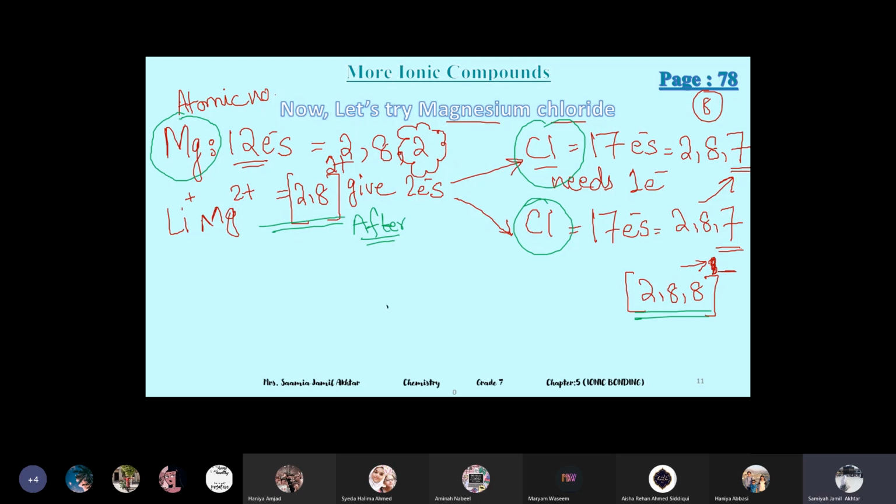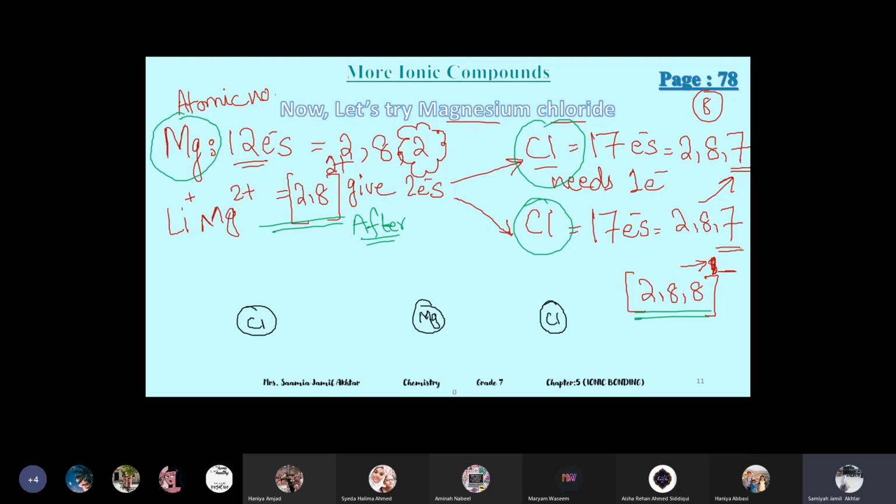So let's draw magnesium, or its nucleus. Let me make it small so that it will fit. This is the magnesium nucleus. Then chlorine and another chlorine. The inner shells are already complete, so no need to draw them.